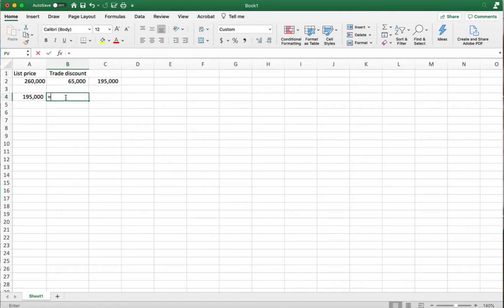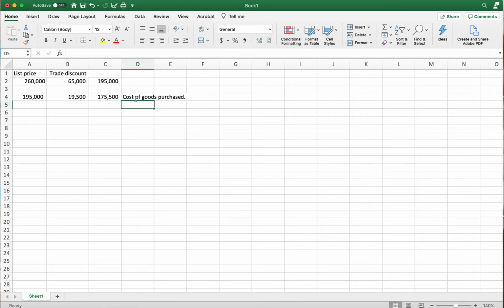We do the same exact thing: we take the $195,000 cost of this inventory that we're buying and multiply it by 10%. We end up with $19,500. Now if we subtract that additional trade discount from $195,000, we get $175,500. This right here is the cost of goods purchased.